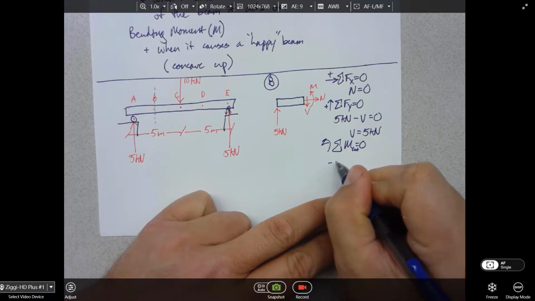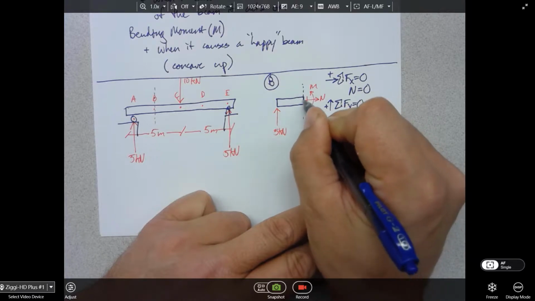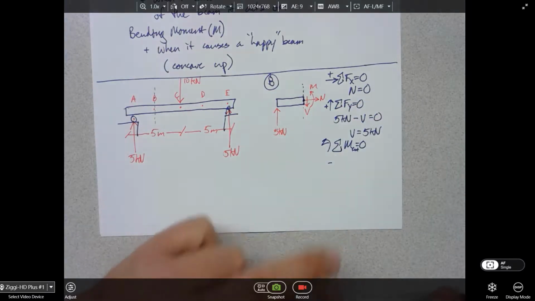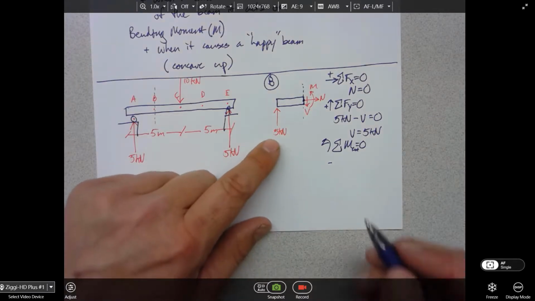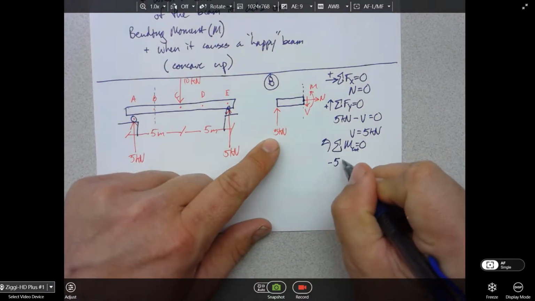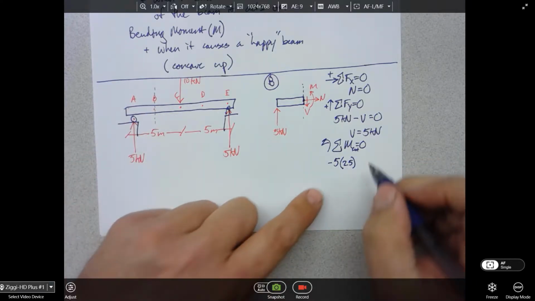Negative V times 2.5. Oops, that'd be negative 5. But the cut's right here, right? So V actually acts on the face of the cut, so we need to do the 5. So it'd be negative 5 times 2.5, assuming this is in the middle.